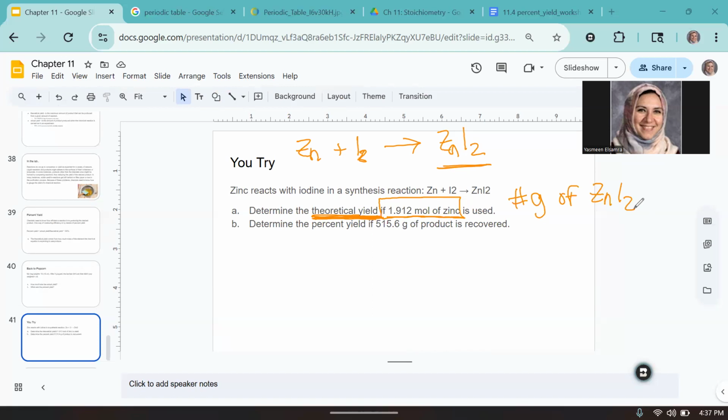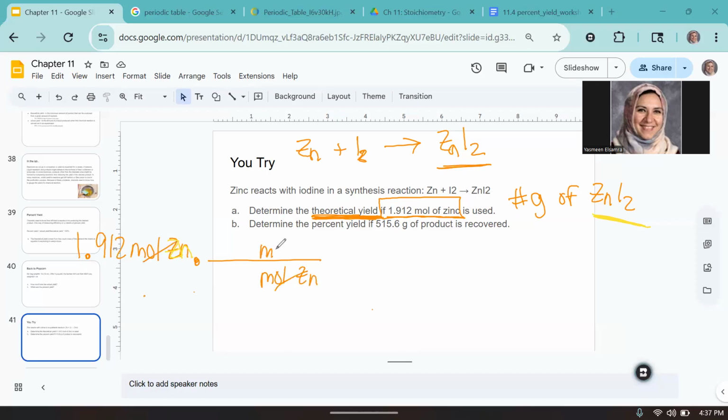Okay. Now when I'm trying to find how many grams of my product, I can only use what is given. And what is given is 1.912 moles of zinc. If I want to move from zinc to zinc iodide, I need to keep that in mind when I'm canceling out moles of zinc here.